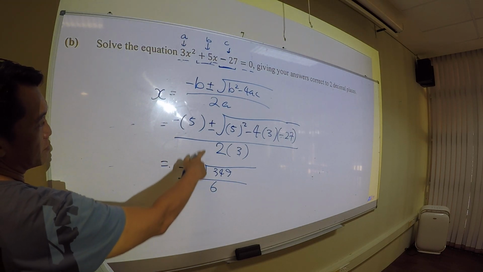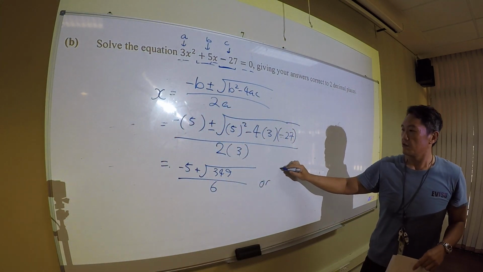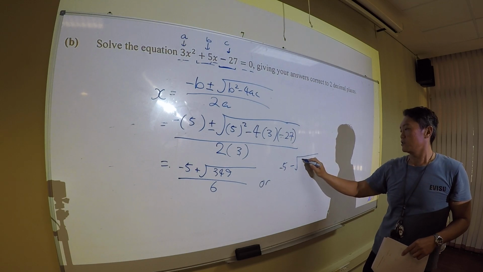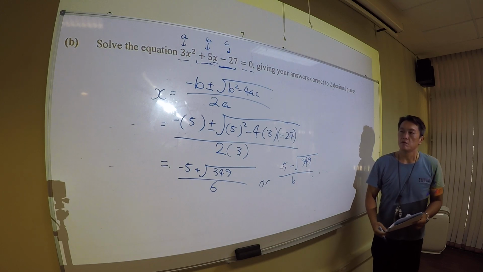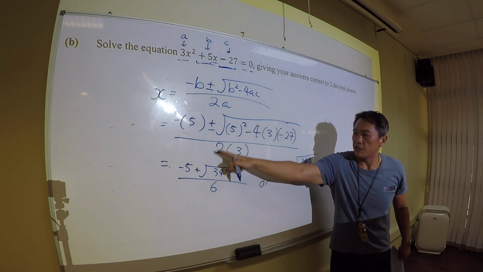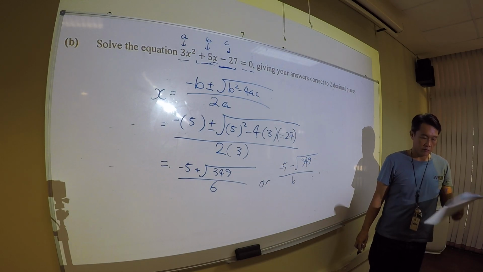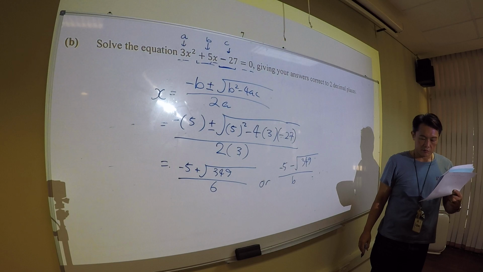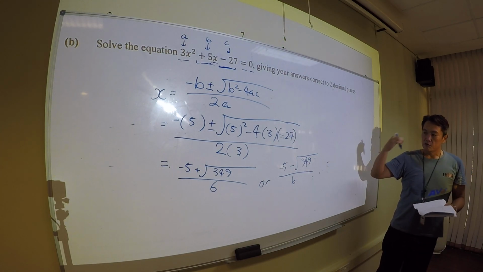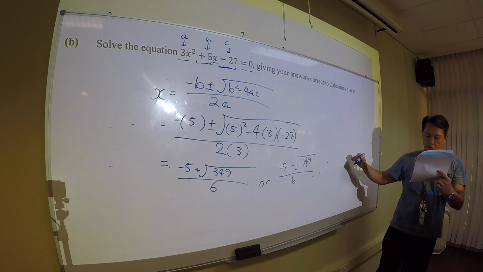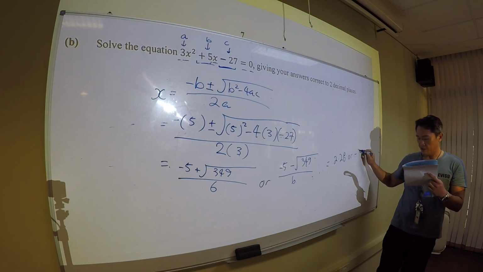One of the answer will be when this is plus. One of the answer will be when this is minus. So this plus minus means there are two possible answers. One is plus, one is minus. So you press calculator, it will come out positive 2.28 or negative 3.95.